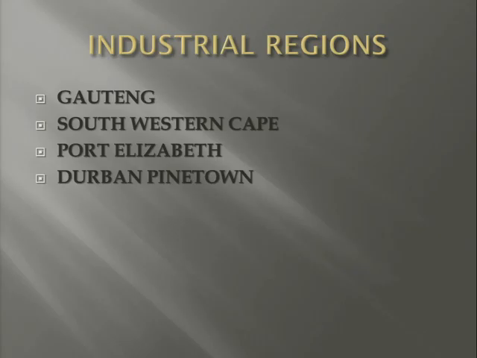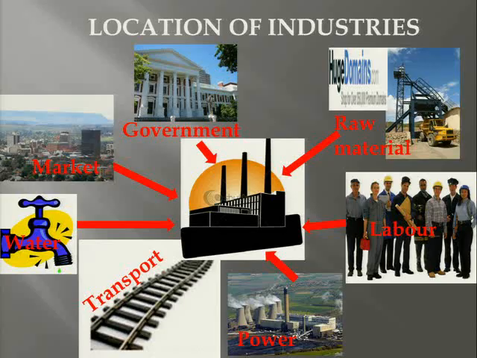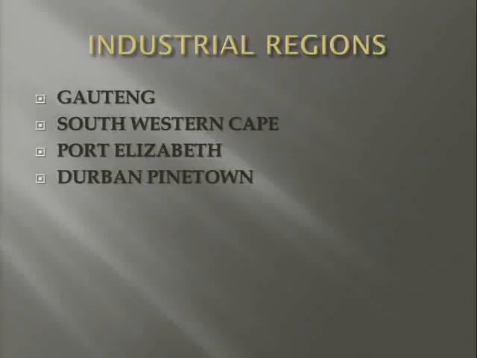So with these industrial regions, for their location, they also depend on these factors. Please do not forget that Gauteng, as an industrial region, also depends on the availability of raw material, labor, power, transport, water, market, and the government. These determine the location of all the 4 industrial regions.